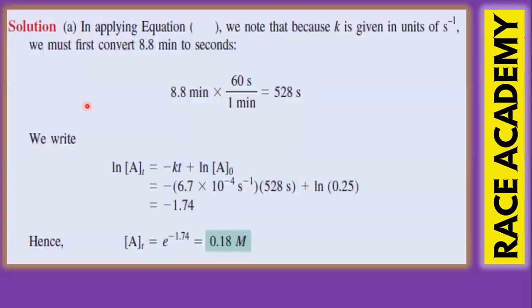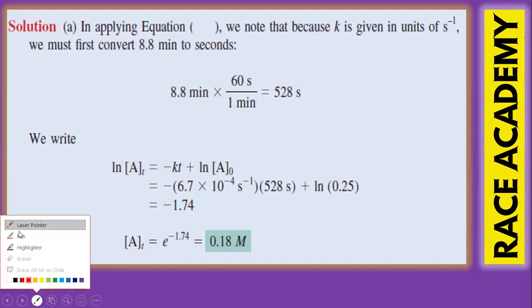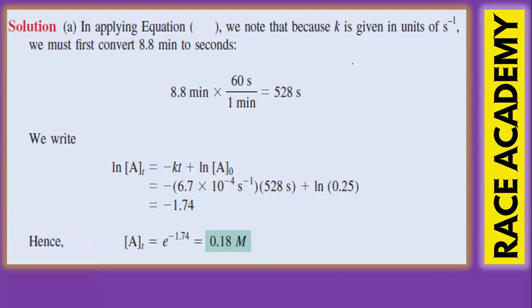Let us see. If you apply this first order rate constant expression, or else you can also use the general calculation, that is log A by A minus X, or you can write log A naught by AT equals K into T by 2.303.